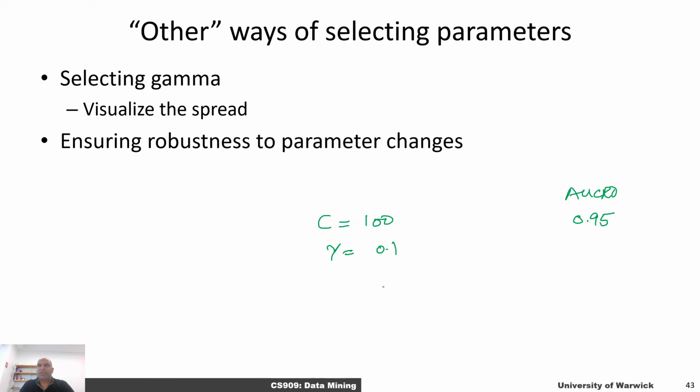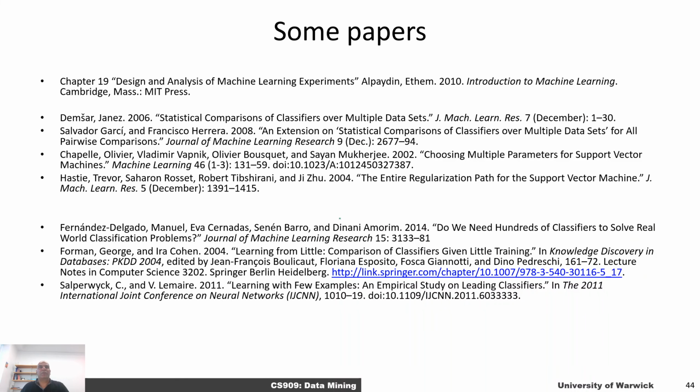But if I change this gamma value from 0.1 to 0.2, and the AUC ROC value drops from 0.95 to 0.7, because this is a very large change, probably the classifier is not stable or it's not robust for these hyperparameter values. Typically, we want hyperparameter values that are robust, so they are stable. So please make sure that whatever hyperparameter values you pick, they are robust.